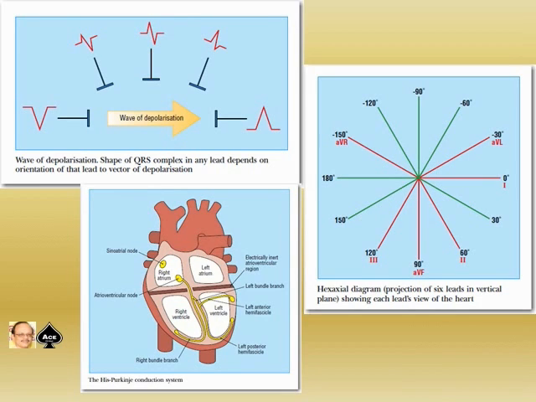Then the bundle divides into 2 parts in the septum, the left bundle and the right bundle. On the left side you can see the left anterior hemifascicle and the left posterior hemifascicle, which are important in diagnosis of fascicular blocks.